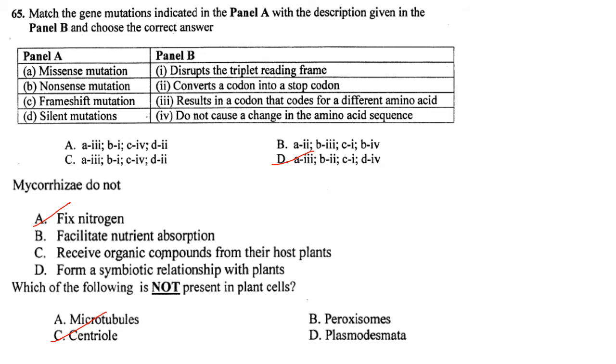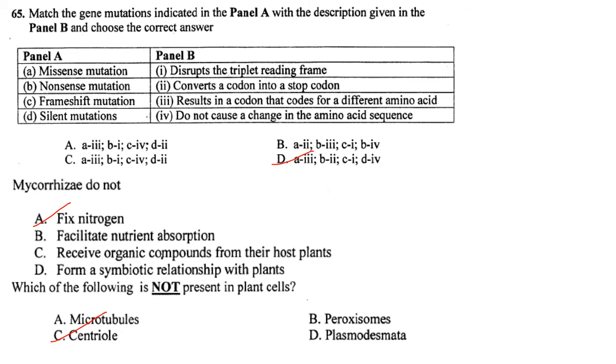For example, phenylalanine codes for UUU, if it is changed to UUC, both codons still code for phenylalanine. So even though there is a change in the DNA sequence, the amino acid sequence is unchanged. So answer is option D, that is A3, B2, C1 and D4.